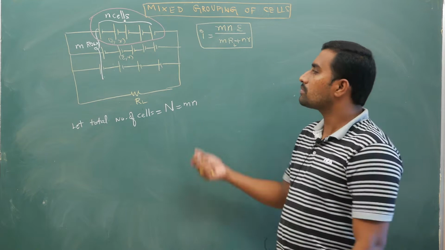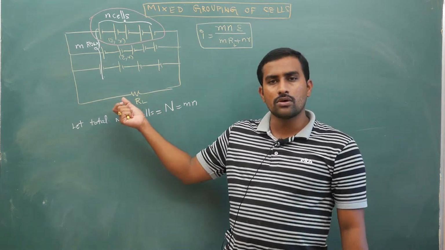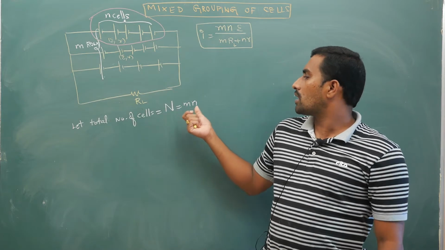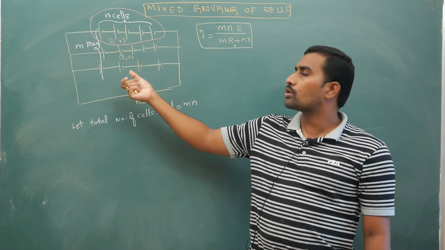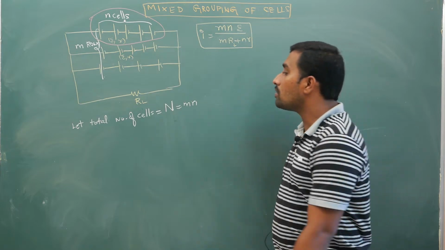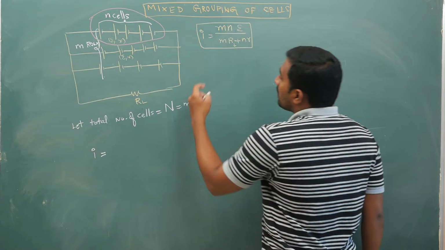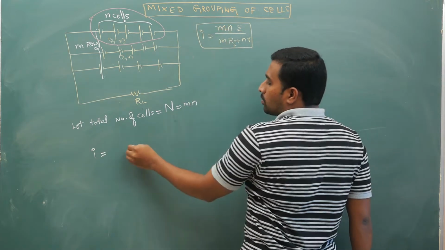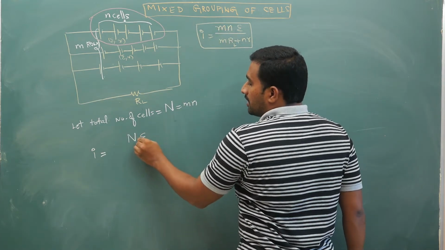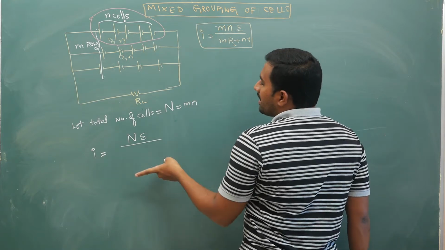Okay, in matrices, what is the total number of elements? What will you write? So number of rows into number of columns. So here you have totally M rows and in each row N cells. So total number of cells is M into N. Now if you take your current value, your current is M into N into E by, okay, I can rearrange this.